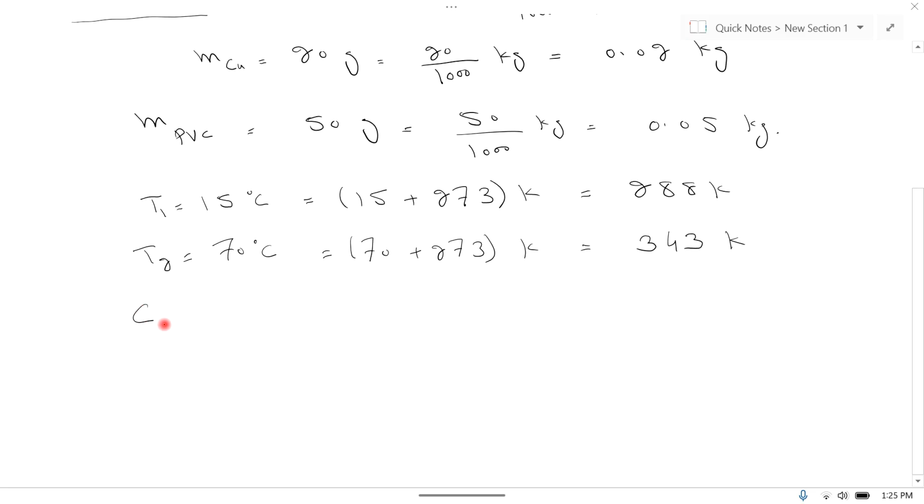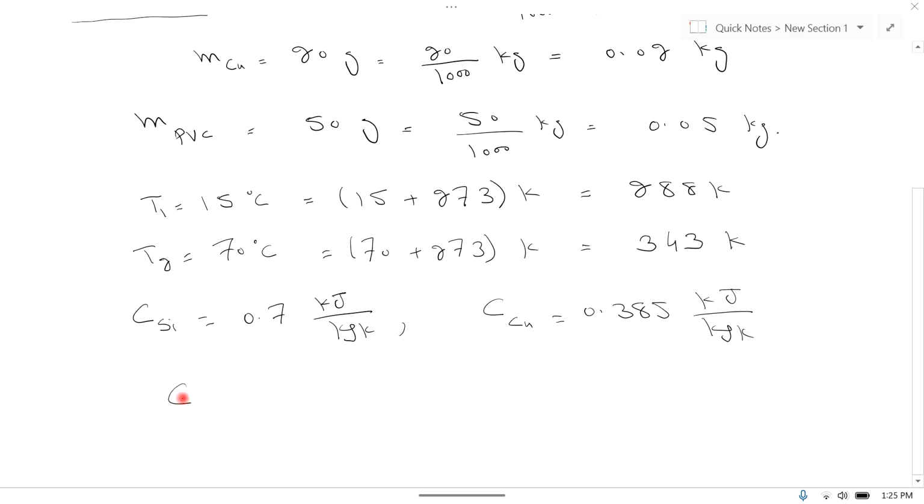And there are some constant values. Heat capacity of silicon is equal to 0.7 kilojoule per kilogram per Kelvin. Similarly, heat capacity of copper is equal to 0.385 kilojoule per kilogram per Kelvin.